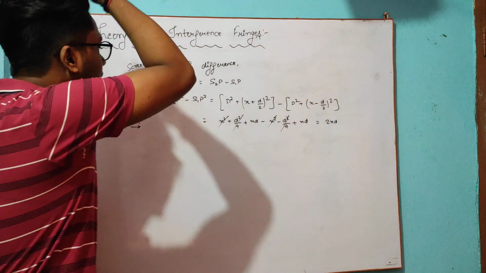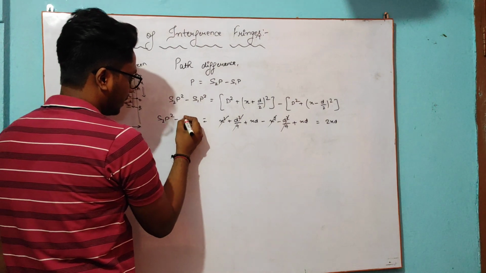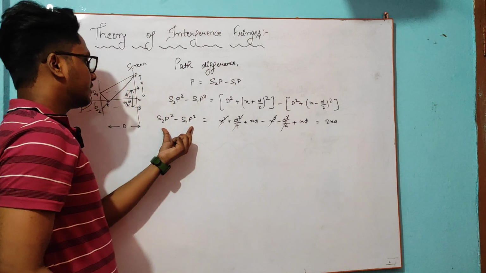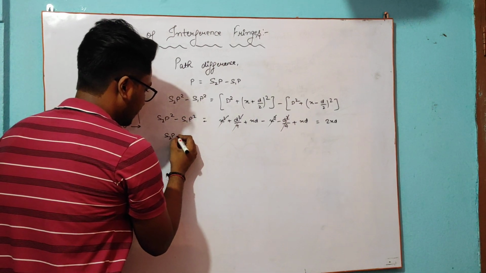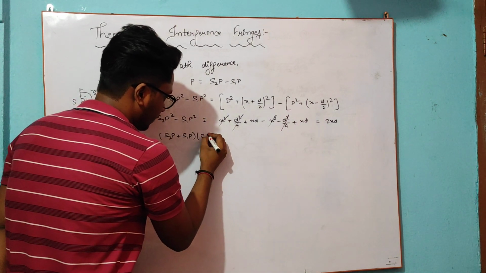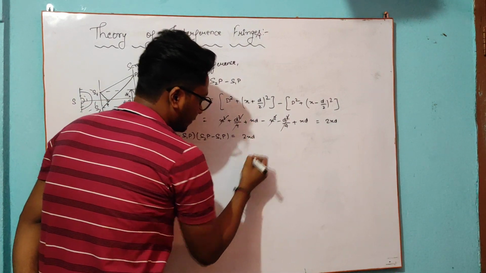Now this S2P square minus S1P square gives the value 2xd. This is nothing but a square minus b square, so if you expand it, then (S2P plus S1P) into (S2P minus S1P) is equal to 2xd.